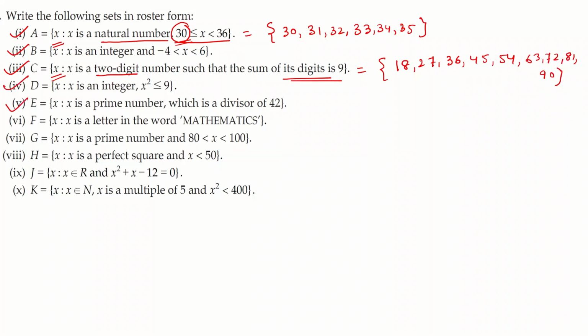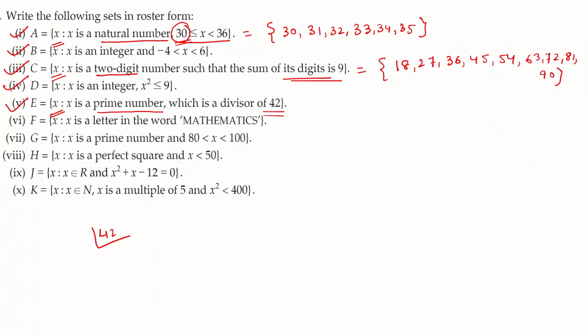Let's take up question number 5. I leave question number D to you as an exercise. E is the set of all those x's where x is a prime number which is a divisor of 42. If you remember, you might have done something like this. You are given a number and you are asked to write down the prime factors of that number.